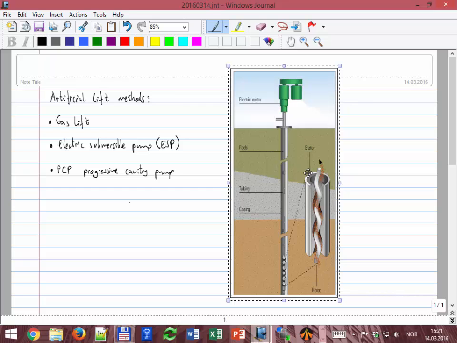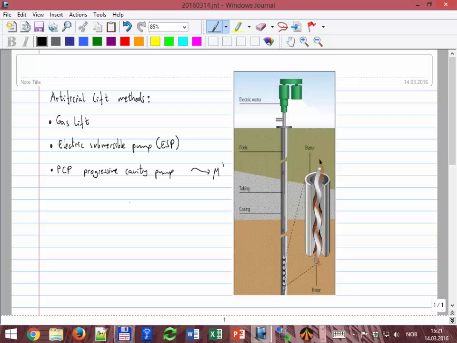Usually this part that is gray is made out of rubber, and the inner part is made of metal. This is very good for highly viscous fluids, when the viscosity is very high, but the problem is that it's usually for low rates, and that's why it's more common in onshore systems. Very heavy oil, very viscous oil, like for example in Venezuela or in Canada, they use these pumps very much because they can deal with high viscosities with no issues.